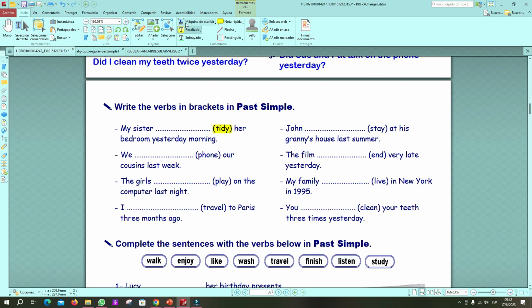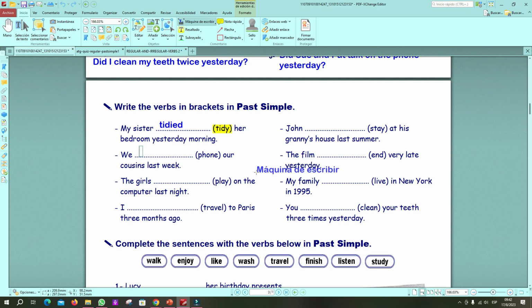Tidy. Yes? How would you write it in past? ¿Cómo sería en pasado? You're going to change that Y, right, and add I-E-D. So, my sister tidied her bedroom yesterday morning. Okay?